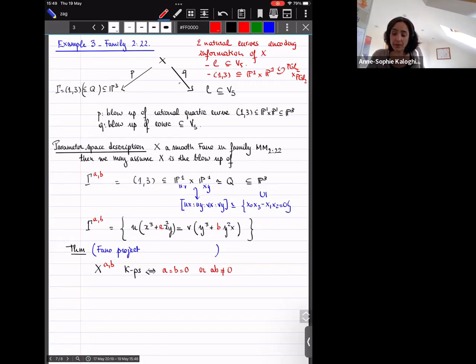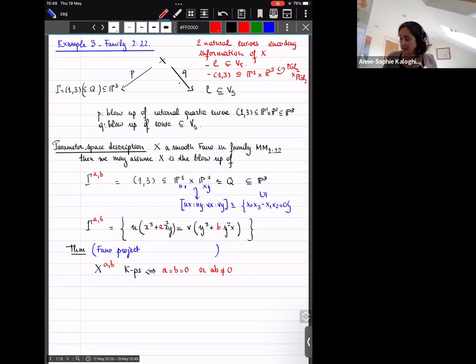The first P1 has coordinates U, V, the second X, Y. It's embedded in the natural way into P3. And in these systems of coordinates, I can write my curve gamma as U times X cubed plus A times X squared Y equals V times Y cubed plus B times Y squared X.